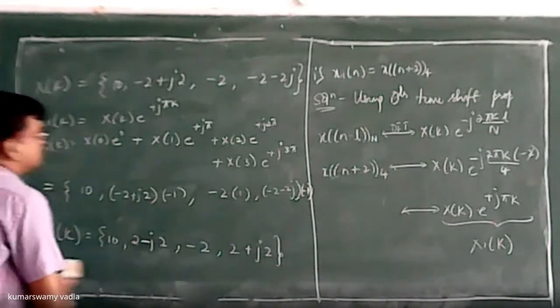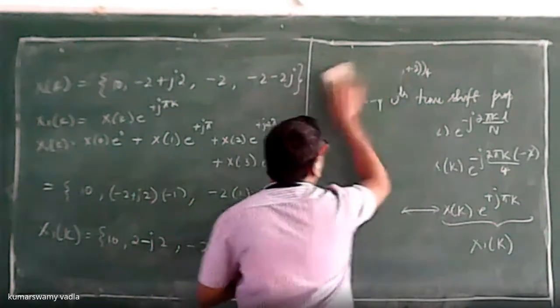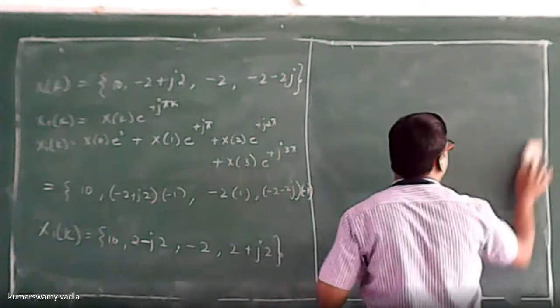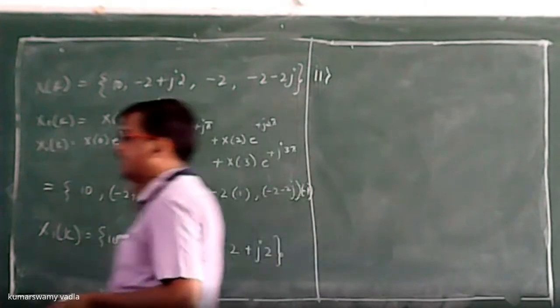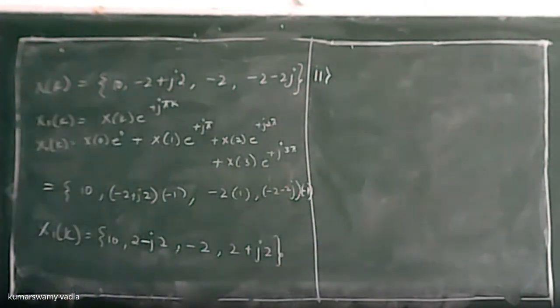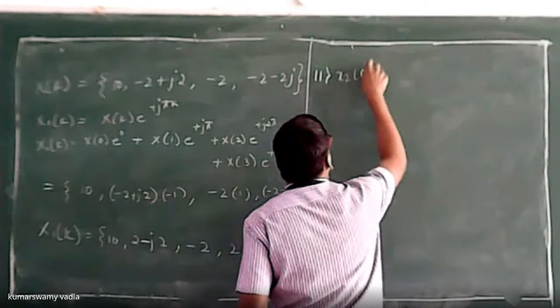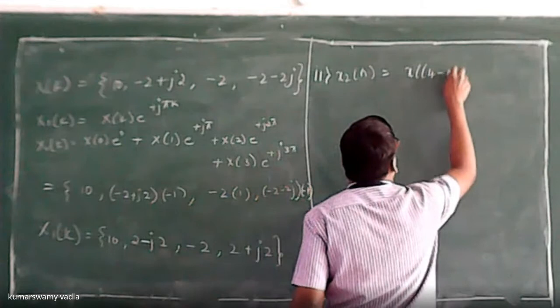Yes. Okay, so what about the second part? What is the second sub-question given? x2 of n is equal to x of (4 minus n) mod 4.